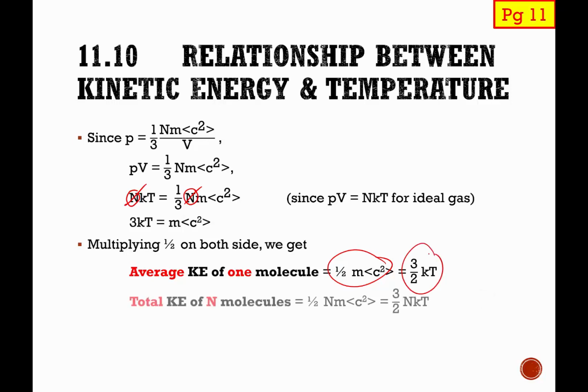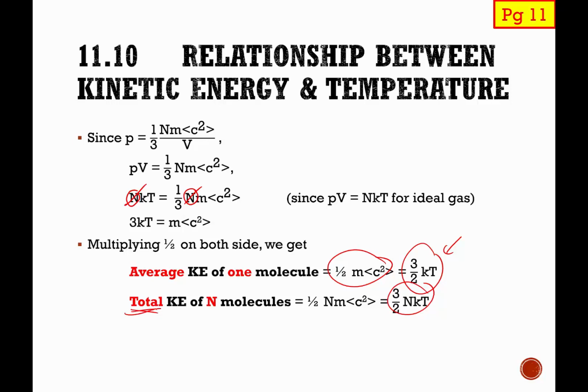And the total KE for N molecules, all I need to do is to multiply N. So I have half Nm c squared, and that will give me 3 over 2 NkT. So just to differentiate the two formulae, the first one, 3 over 2 kT, is only the average KE per molecule, whereas 3 over 2 NkT is the total KE for N molecules of ideal gas.